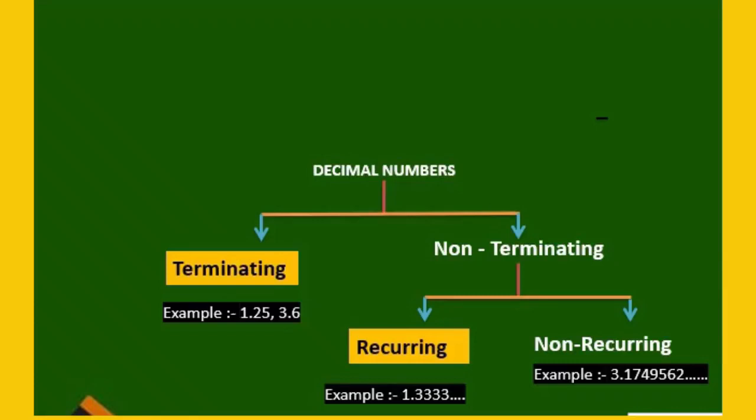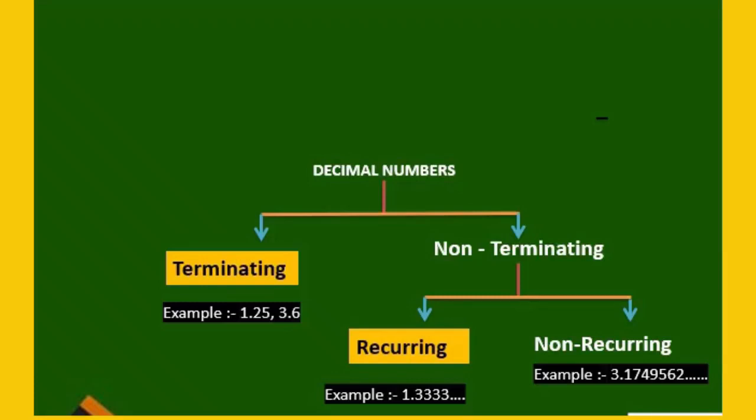Non-terminating recurring decimal. Example, 1.333333 and so on, 0.575757 and so on. Here you can see that after the decimal point there is a set of digits which repeats itself. Whereas the example for non-terminating non-recurring decimal is 3.1749562 and so on.